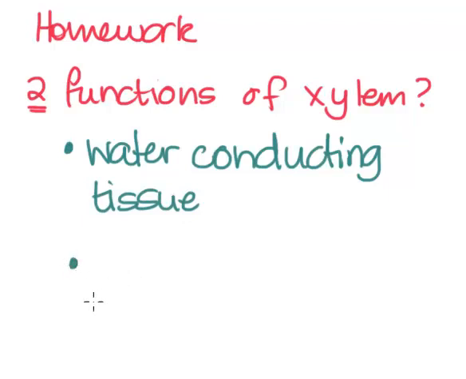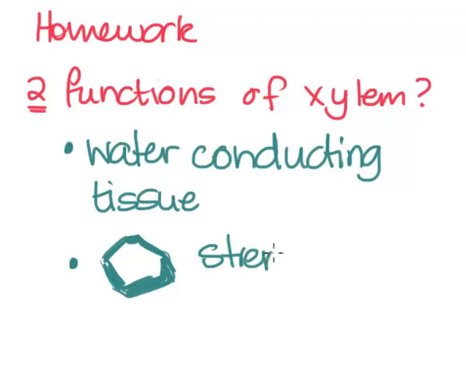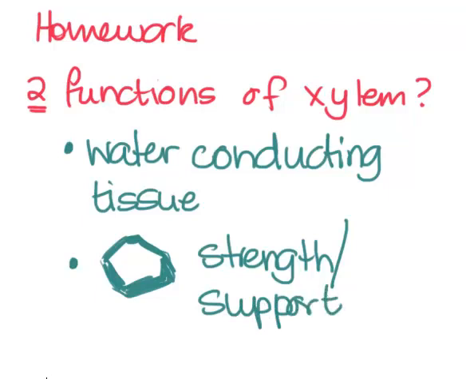But what about the second function of xylem? Because xylem has very thick lignified cell walls, similar to the situation that you saw in sclerenchyma, a second function of xylem is that it adds strength, and this will allow it to support the plant as a whole.